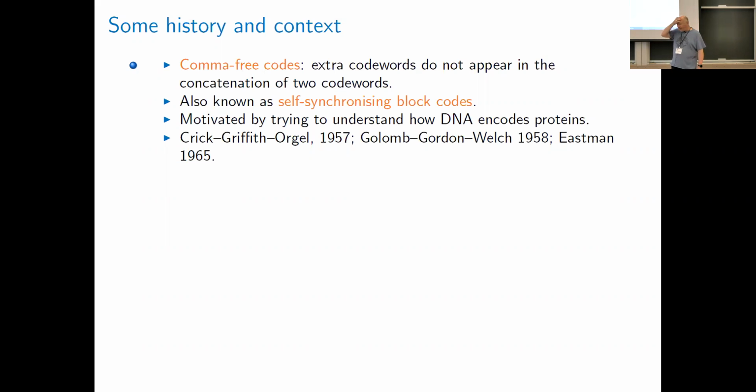Amazingly, this paper of Eastman basically says that if n is odd, then, and I should say that the bound that we got in terms of q to the n over n works for comma-free codes, it doesn't just work for non-overlapping codes. Amazingly, when n is odd, that bound can be achieved.